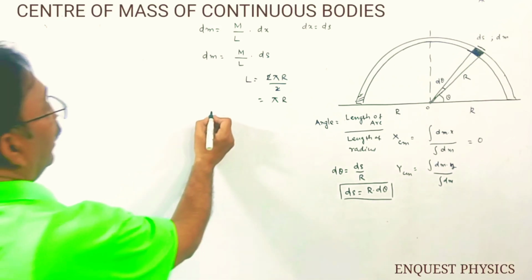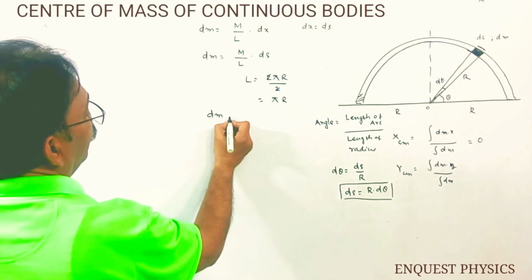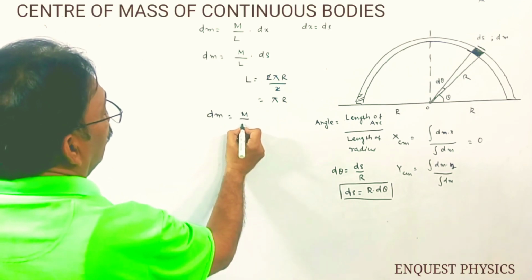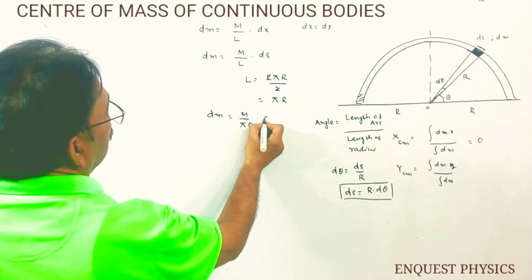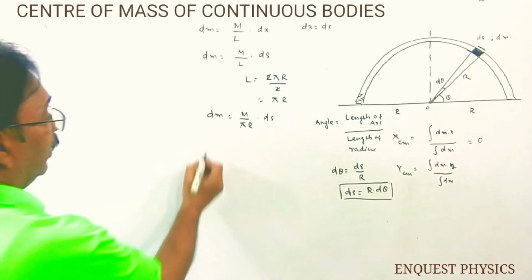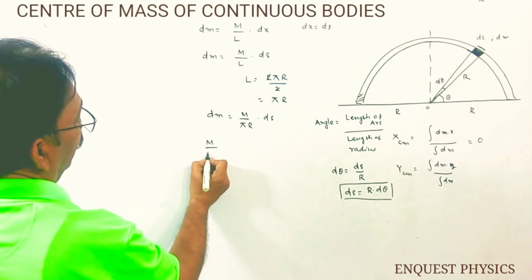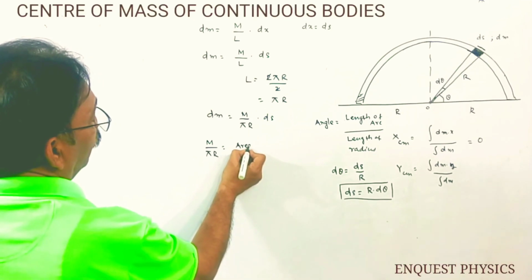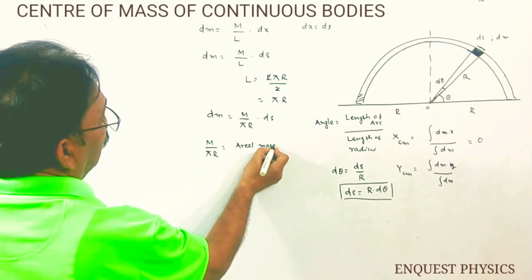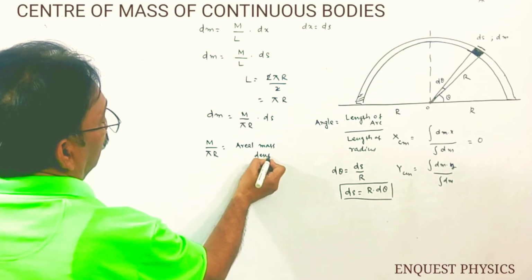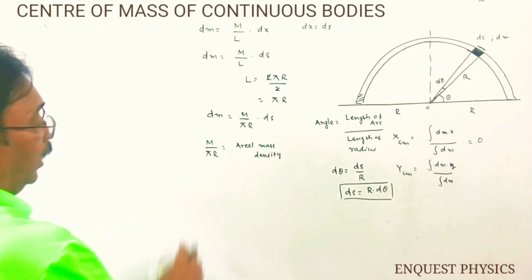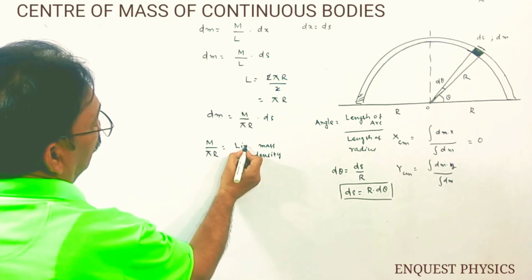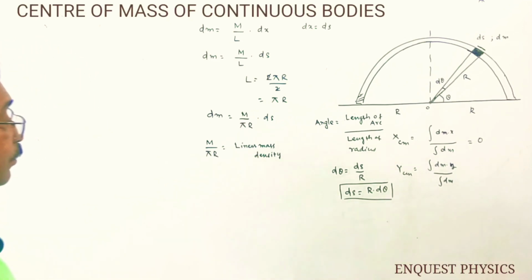Then mass can be had as dm equal to M by pi r into ds, where M by pi r is the linear mass density.